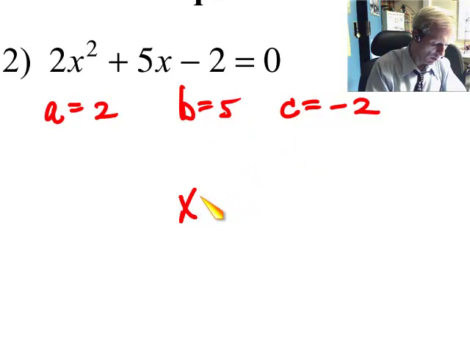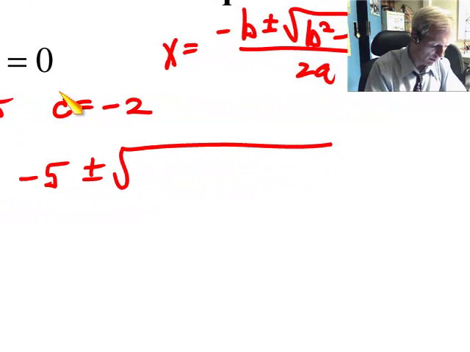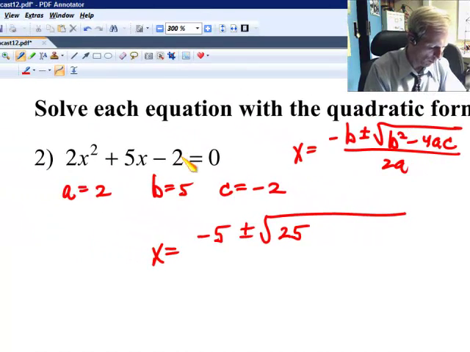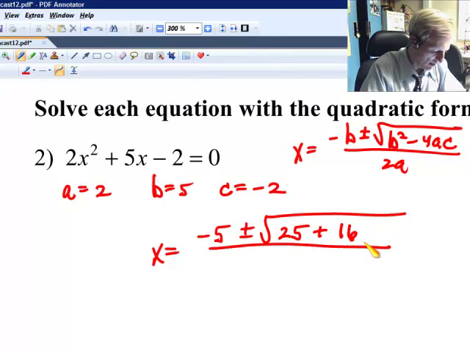Alright, so when I substitute those values in, I get negative 5 plus minus the square root of b squared gives me 25 minus 4ac. Okay, so that's going to end up being, let's see, 4 times 2 is 8, times negative 2 is 16, and I'm going to be subtracting negative 16, which is the same thing as adding 16.